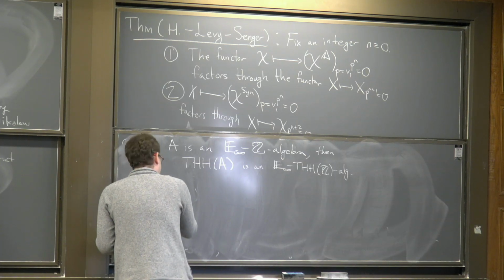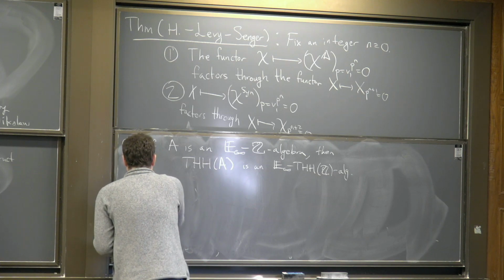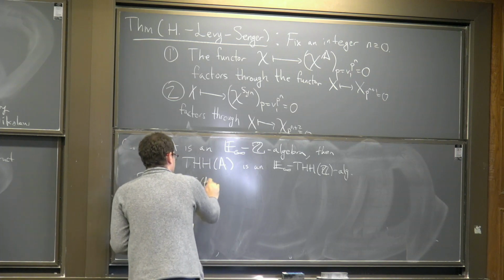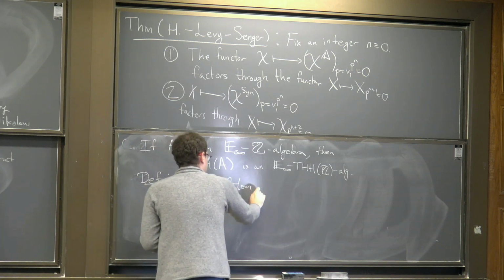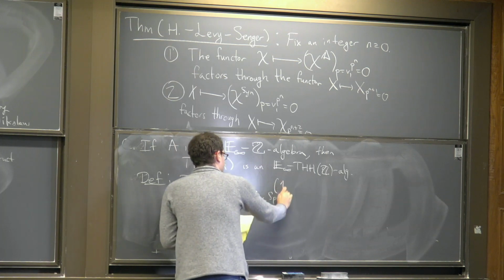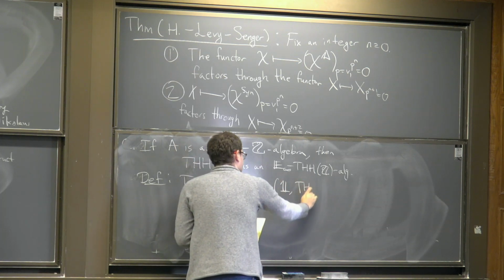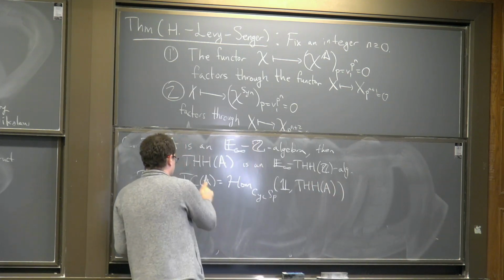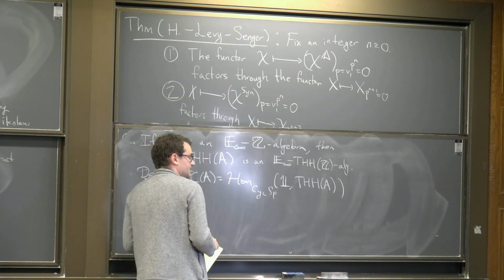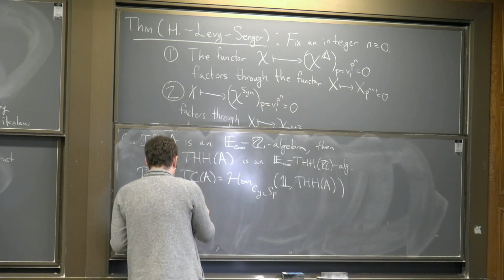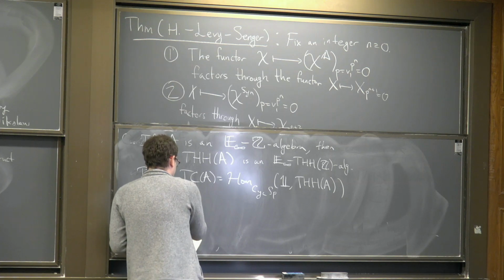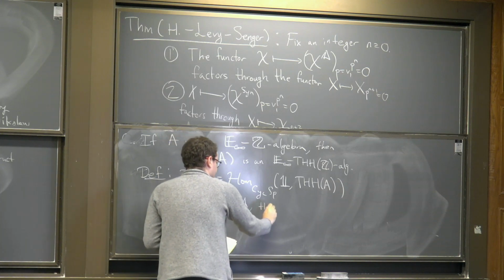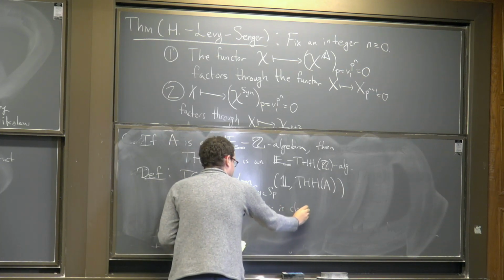This also knows about TC of A. So definition, TC of A is Hom in this category of cyclotomic spectra from the unit of the symmetric monoidal structure into THH of A. And that's an invariant that is not quite the same as prismatization or syntomification or anything like that, but is more closely related by the Dundas-Goodwillie-McCarthy theorem to algebraic K-theory.